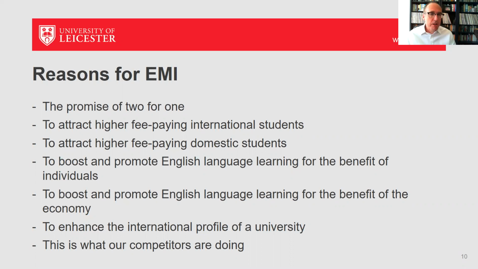To boost and promote English language learning for the benefit of individuals, and perhaps governments are more interested in boosting and promoting English language learning for the benefit of the economy. It's quite easy to identify in countries like, for example, Thailand and Vietnam, which have a big push for EMI, and that's very much about supporting the hospitality industry. But actually it's true of all sectors of the economy.